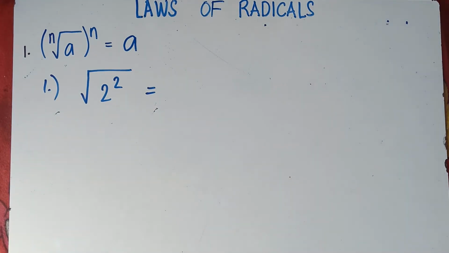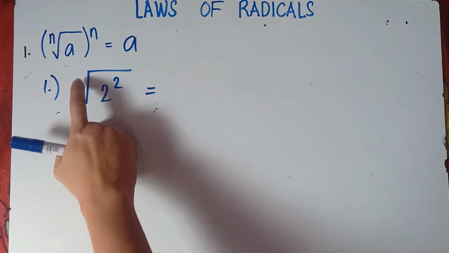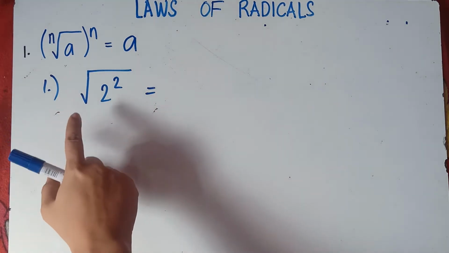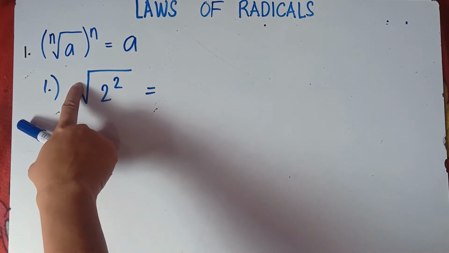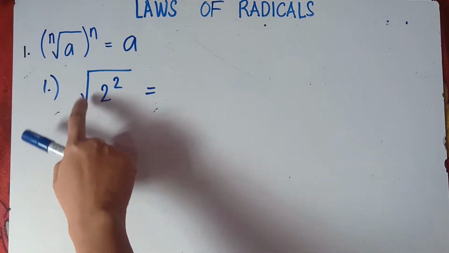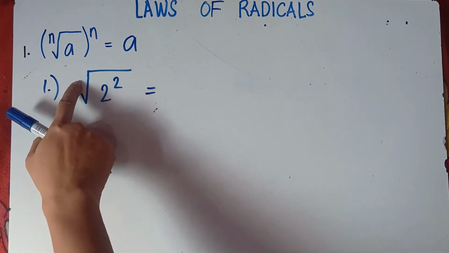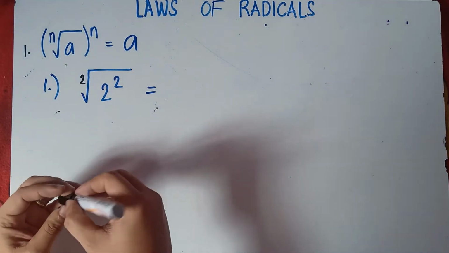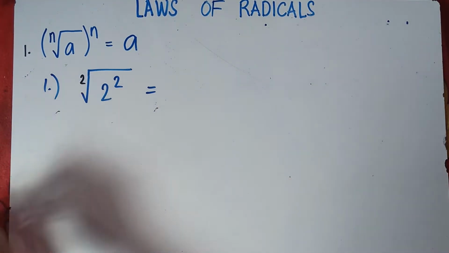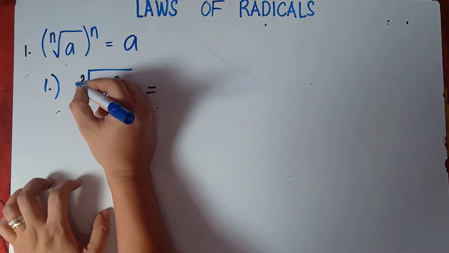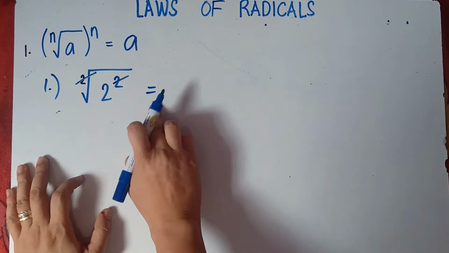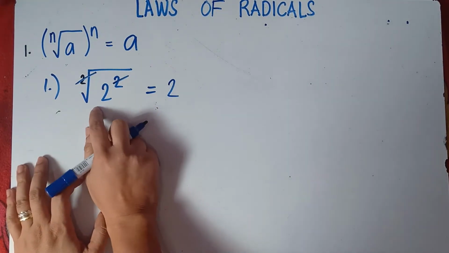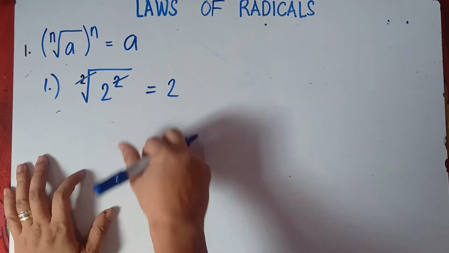In every square root, if you don't see any number for the index, understand that the index here, class, is 2. Once again, the square root of 2 squared, understand that there's a 2 here. The index here is 2. So if the exponent and the index are the same, you can simply cancel this out, and our answer will be 2. Simply copy the number inside this radical symbol.